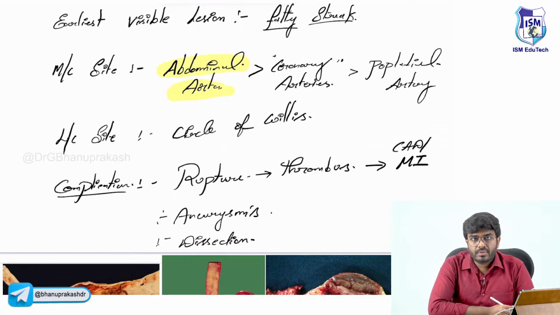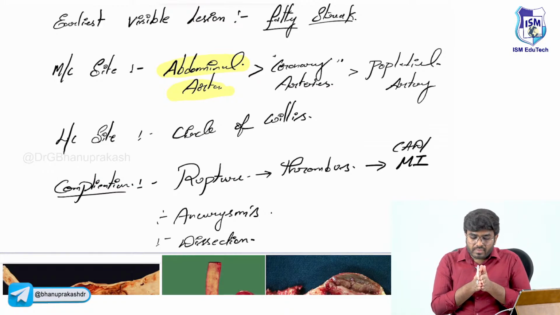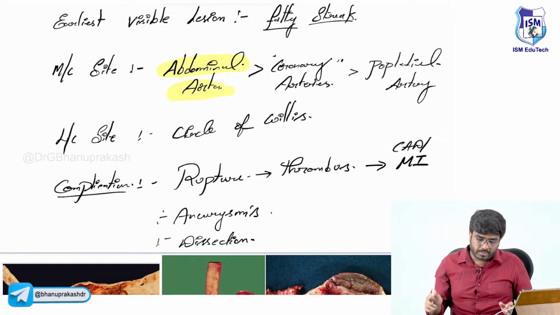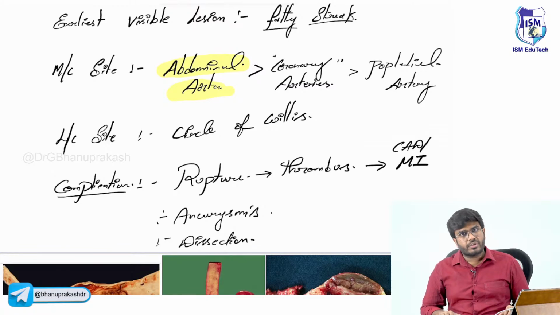The wall of the blood vessel might tear up into two parts. There is a possibility. So what are the complications? Rupture, aneurysmal formation, and dissection. These are the three complications which you need to know for your exam.